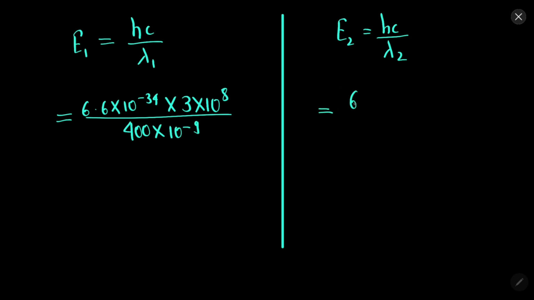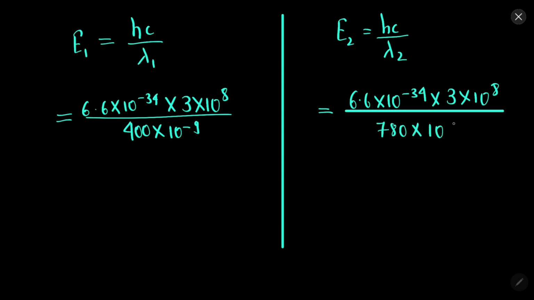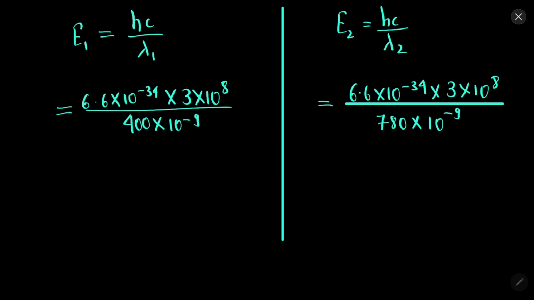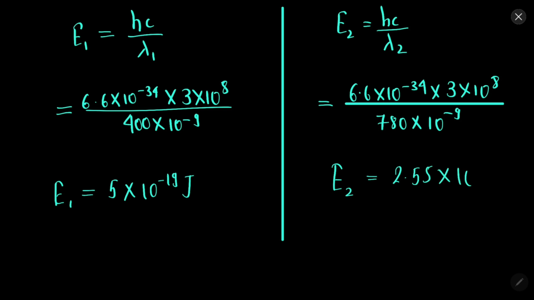And similarly here, 6.6 into 10 to the power minus 34 into 3 into 10 to the power 8 upon 780 nanometer, that is 780 into 10 to the power minus 9. Once we solve this, E1 will be approximately equal to 5 into 10 to the power minus 19 joules and E2 will be approximately equal to 2.55 into 10 to the power minus 19 joule.